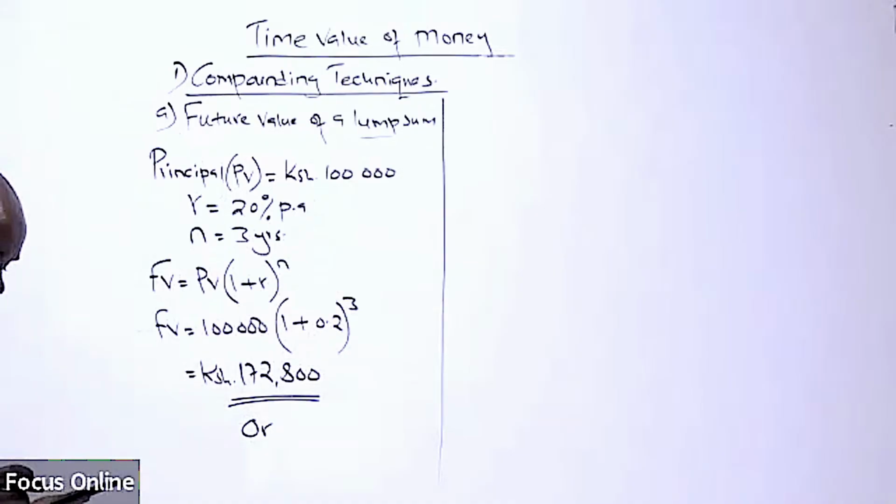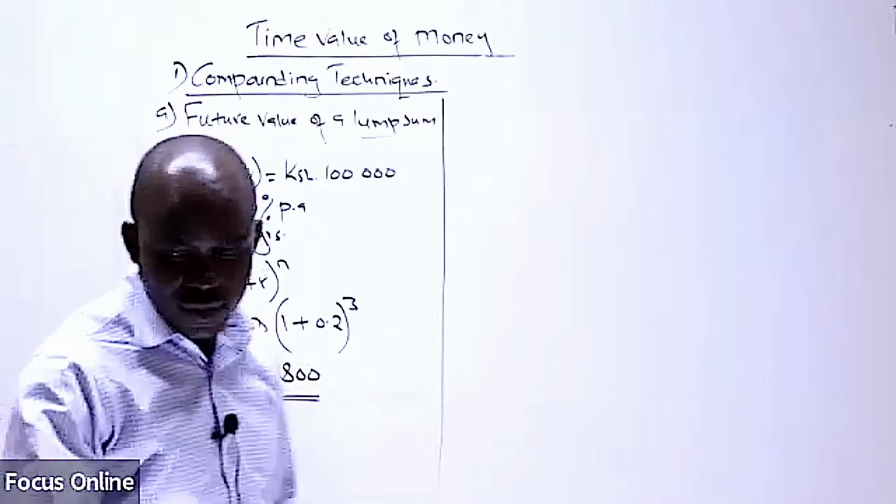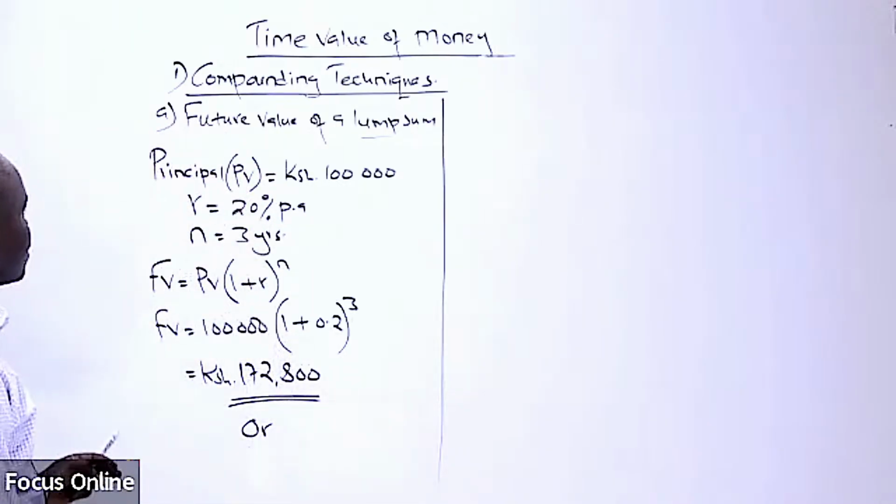Okay, number 2, future value of an annuity.